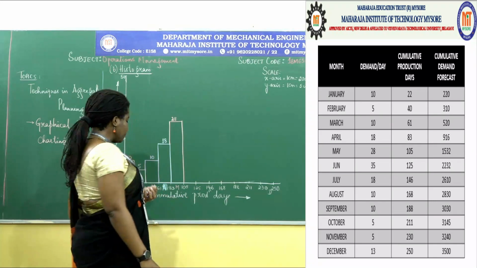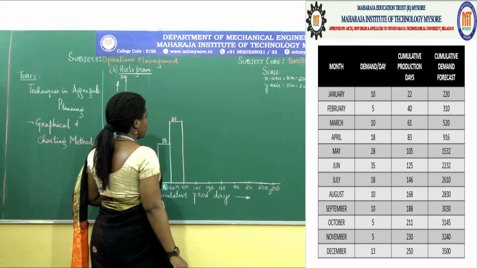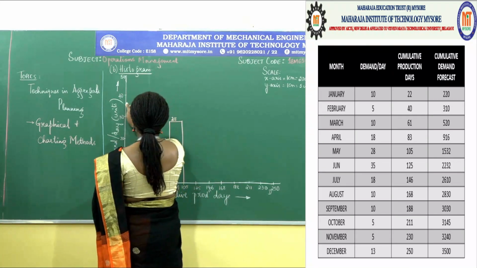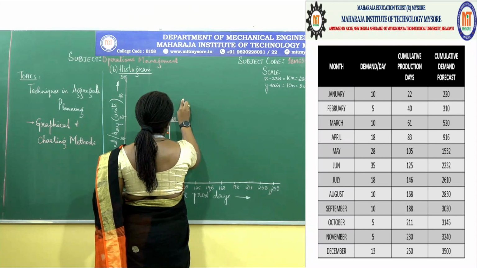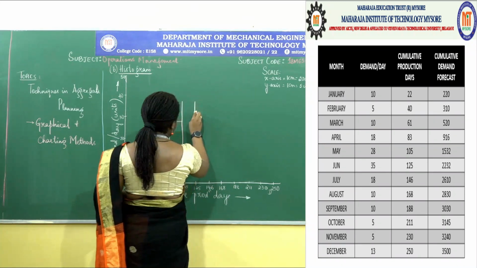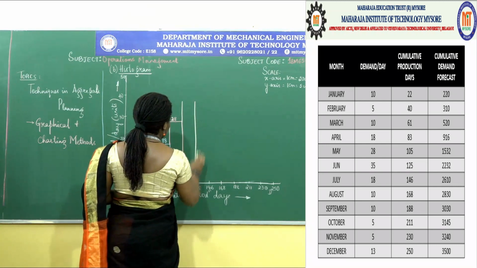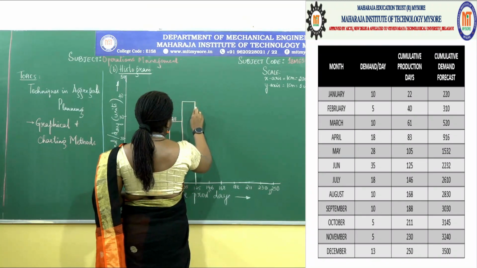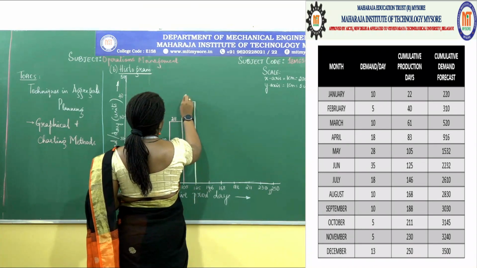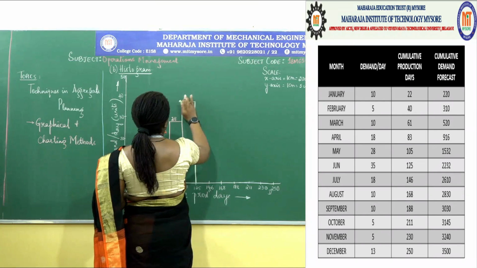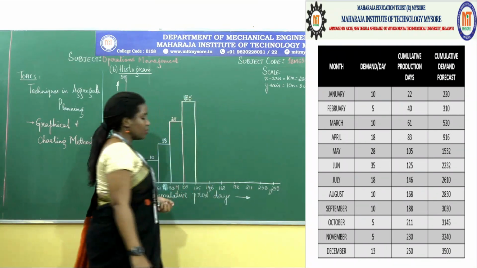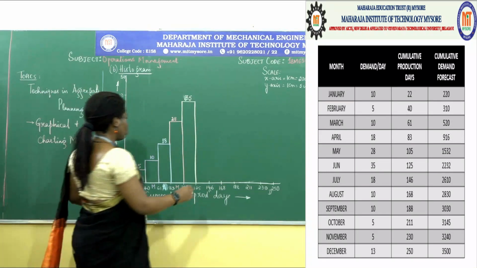The month of June has a demand of 35 units, and the number of working days is 125. So here this is a total of 35 units for the month of June.